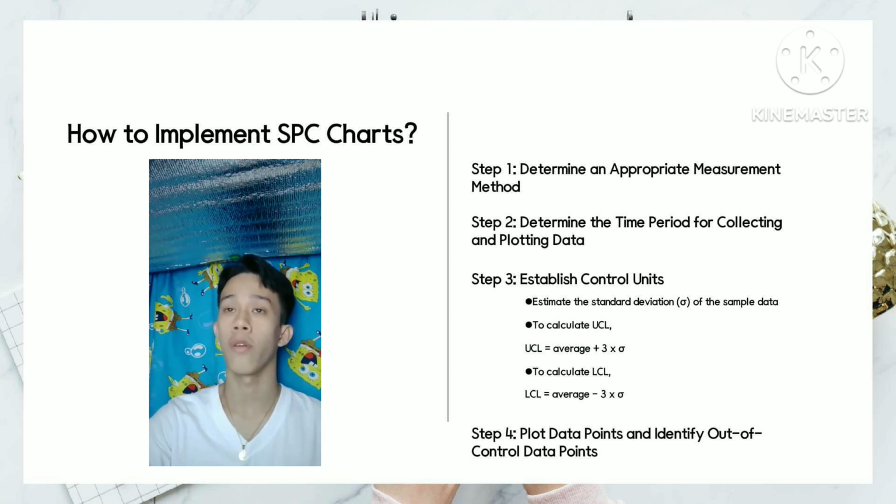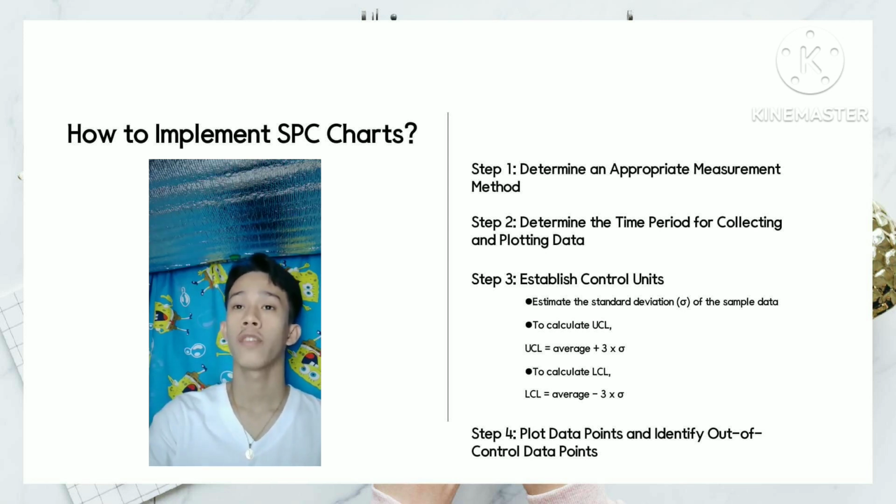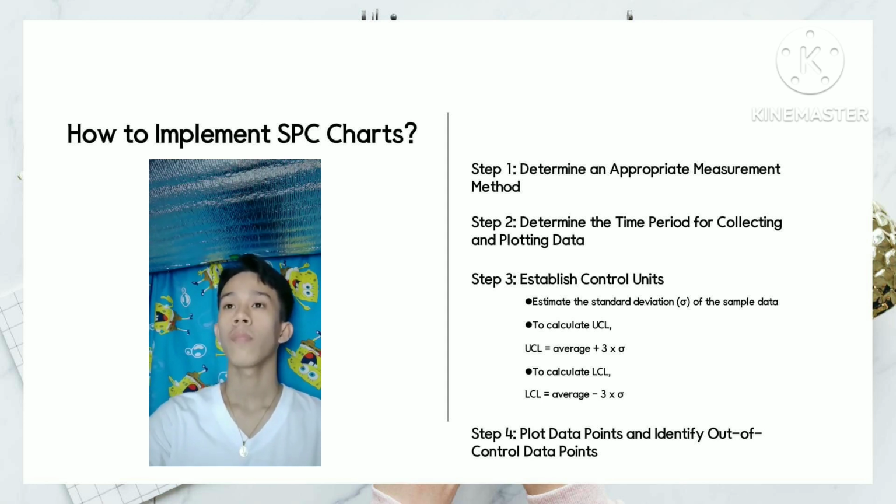Next is step 4. Plot data points and identify out of control data points. After establishing control limits, the next step is to plot the data points on the SPC chart.